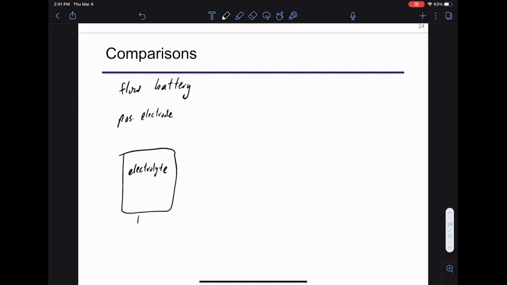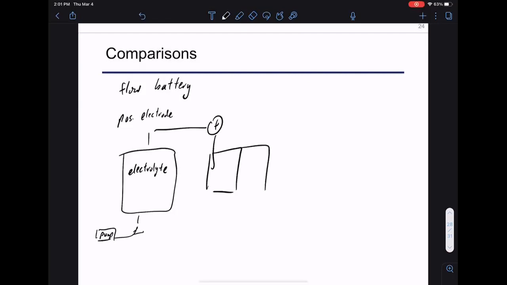Then you have a pump, and you pump the electrolyte, and the electrolyte cycles. There's an exchanger in the cell. So this is actually the cell. There's a positive electrode and a negative electrode.